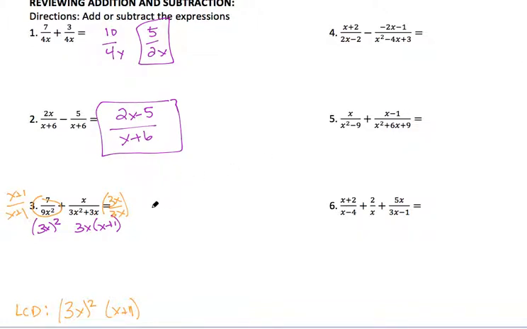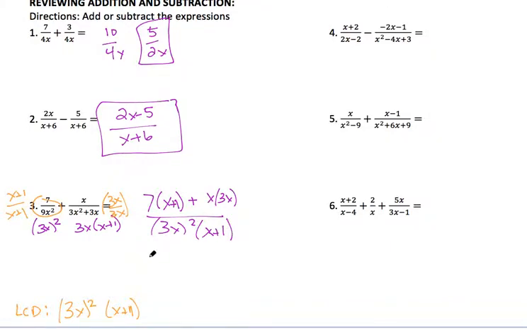So when we put that all together, we have 7 times x plus 1, plus x times 3x, all over 3x squared times x plus 1.